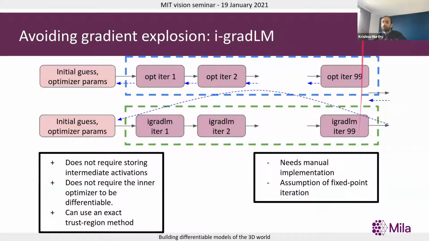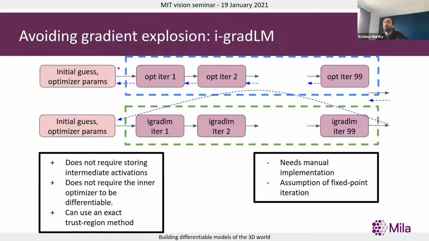There's also one issue that we're trying to address, the gradient explosion or memory footprint, by leveraging implicit differentiation through the GradLM pipeline. So the implicit GradLM, or i-GradLM, variant we're working on is basically memory efficient.